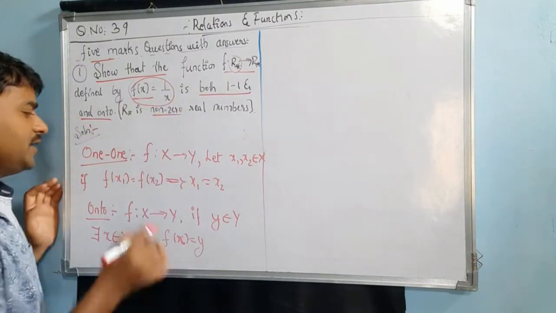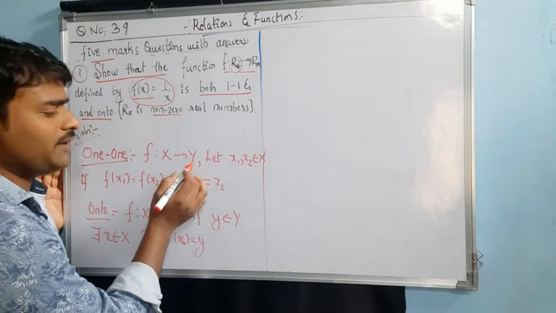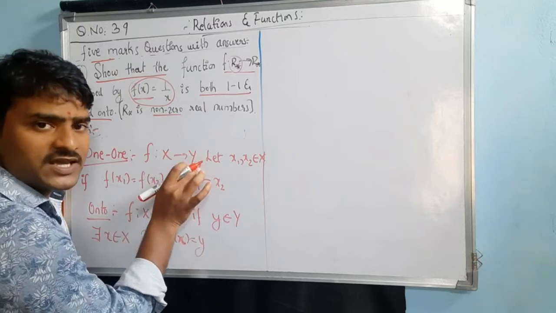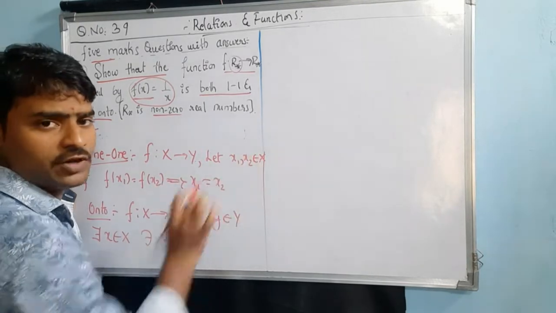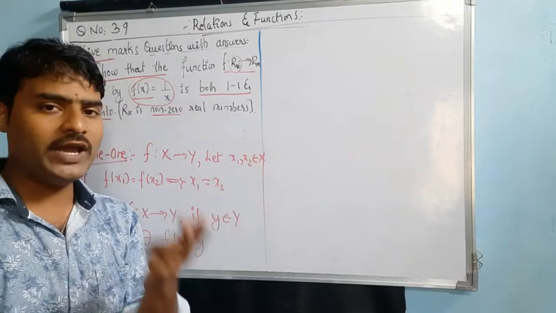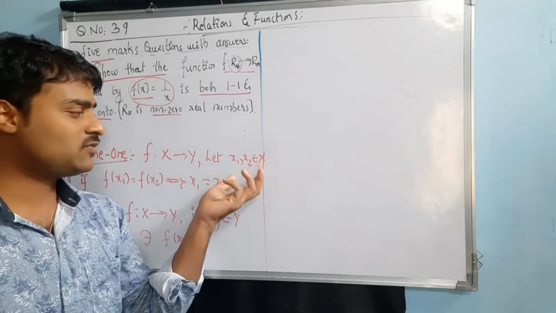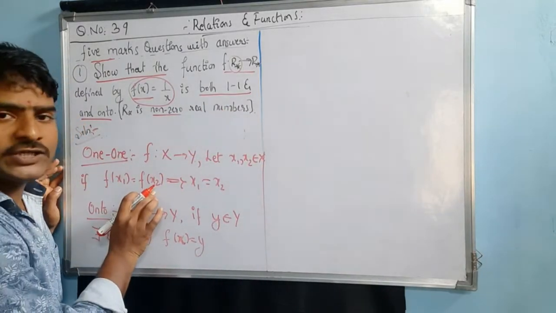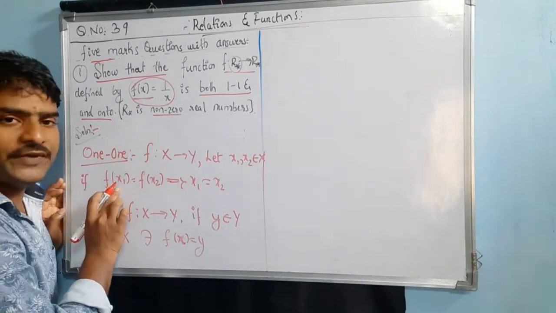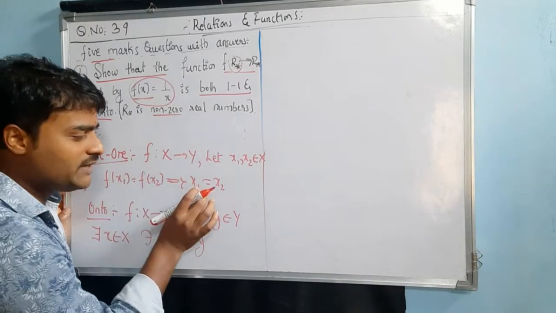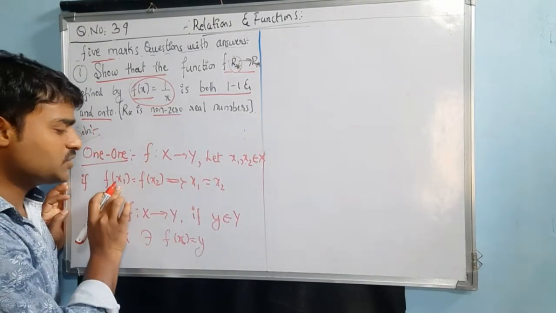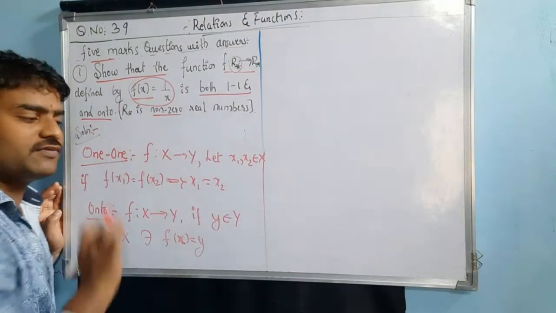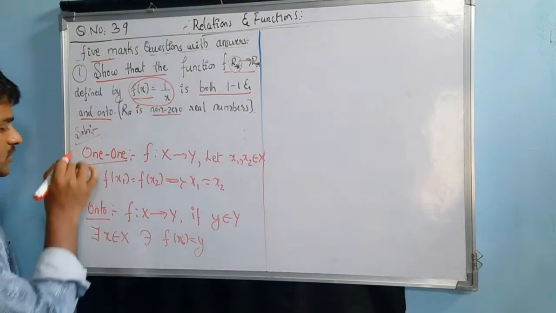Okay, so see here, one-one: if f is a function from X to Y, where X is a set and Y is a set, let x1, x2 belong to X. I am choosing two elements x1 and x2 in X such that if f of x1 equal to f of x2, then it should give x1 equal to x2. If the function values are equal, the elements must also be equal. Then only we can say it is a one-one function.